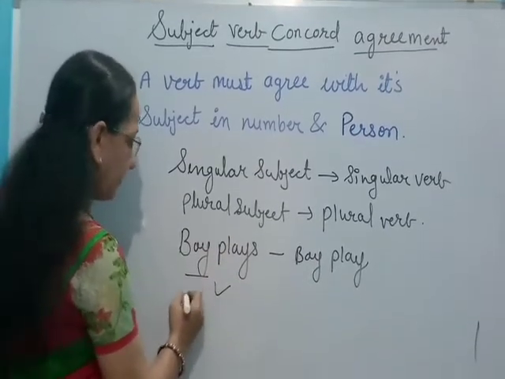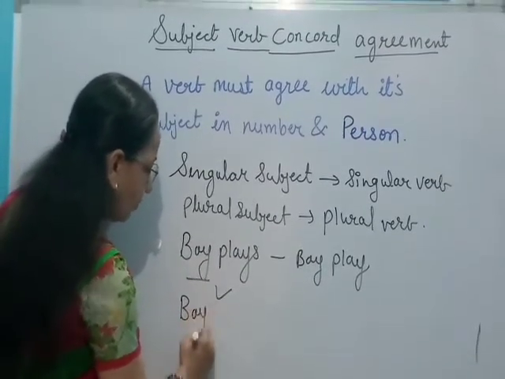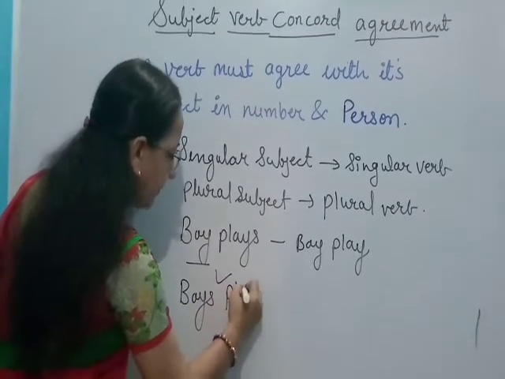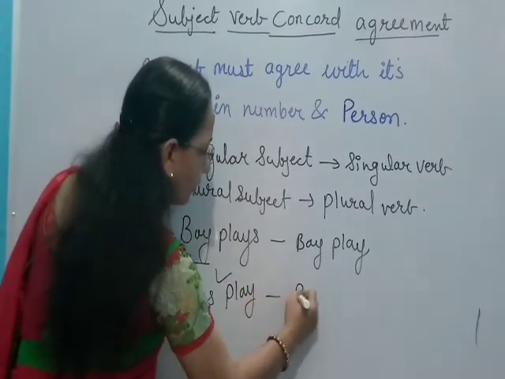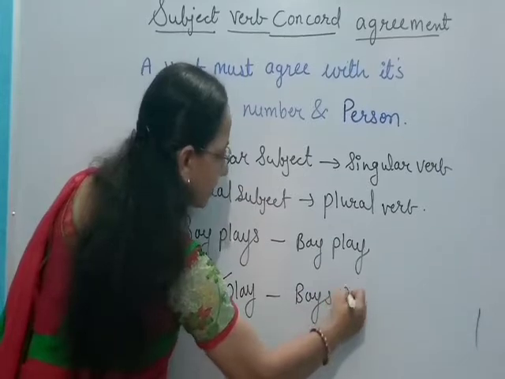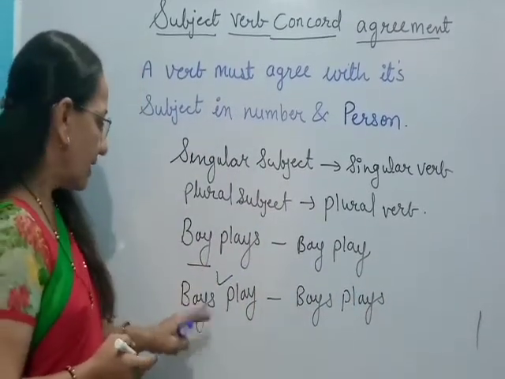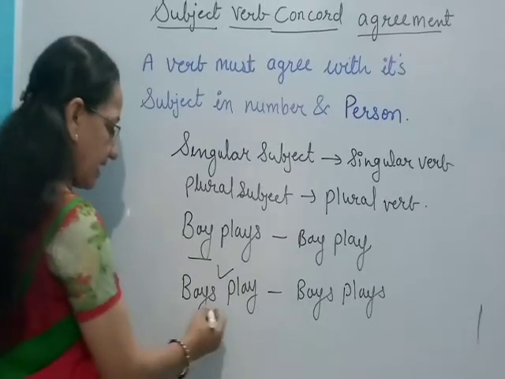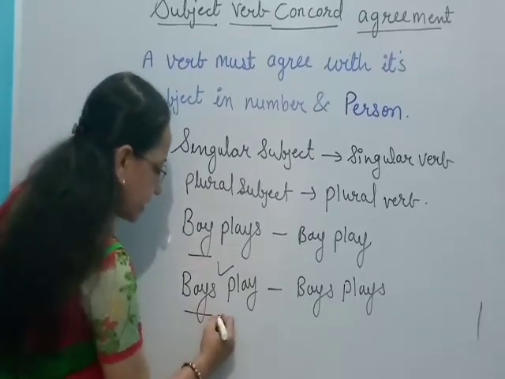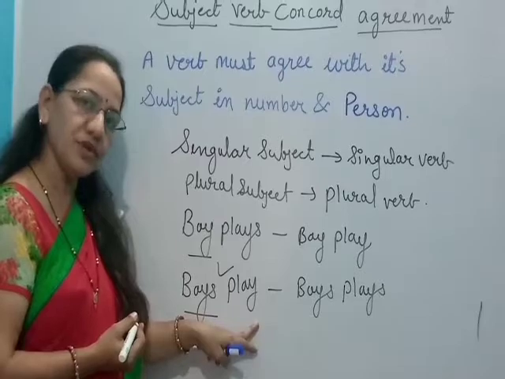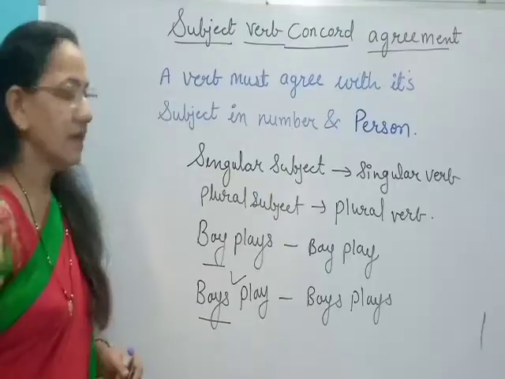One more example: boys play or boys plays. Which one is correct? Boys play is correct. Why? Because here the subject is plural, so its verb should be plural in number.